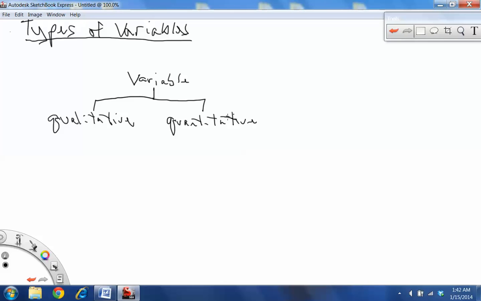Now, the one thing that students mix up the most is that they think anytime there's a number involved it has to be quantitative. And that's not necessarily true. Remember, it's the responses that you're eliciting from something that we're trying to identify as qualitative or quantitative.